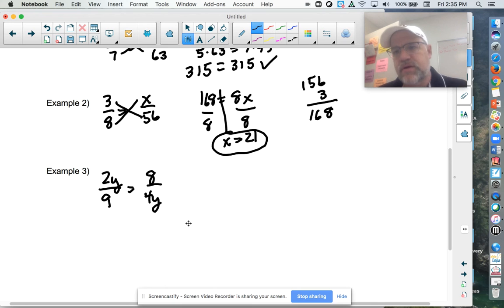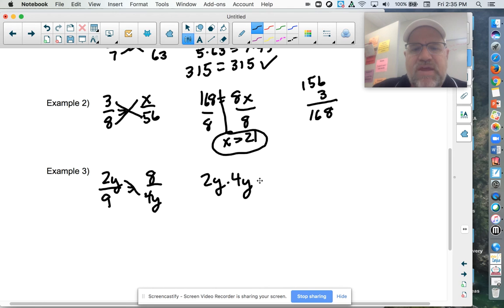It looks weird, but what isn't weird is that it is a proportion. And when we have a proportion, we use the cross product. So we say the extremes, multiply these two things together, 2y times 4y, and that will equal the products of the means, 8 times 9.